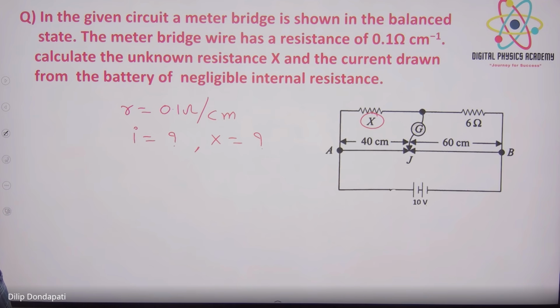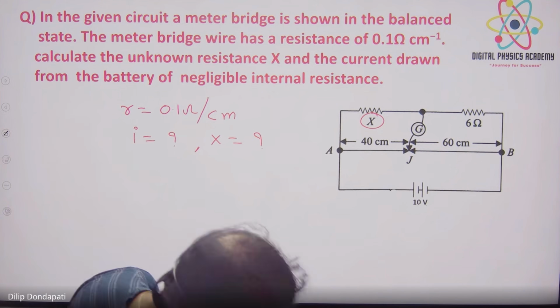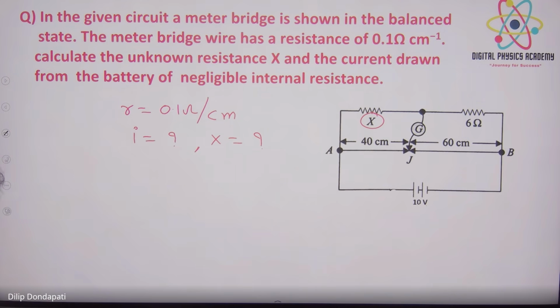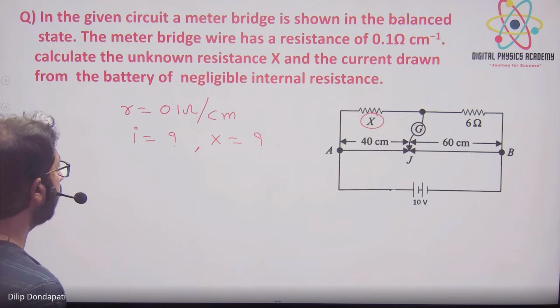This is a balanced Wheatstone bridge, right? This upon this is equal to this by this. How many ohms is the value of x?